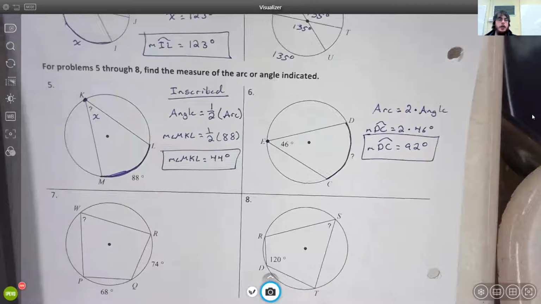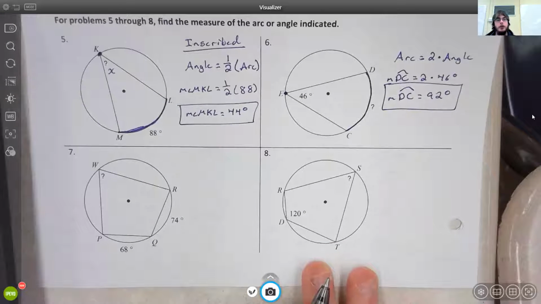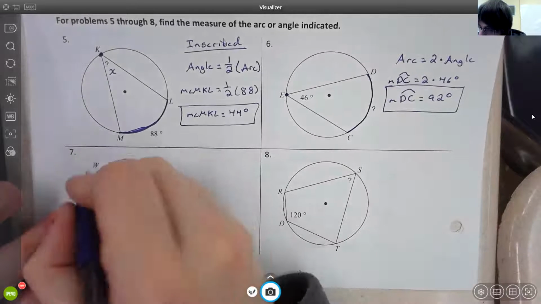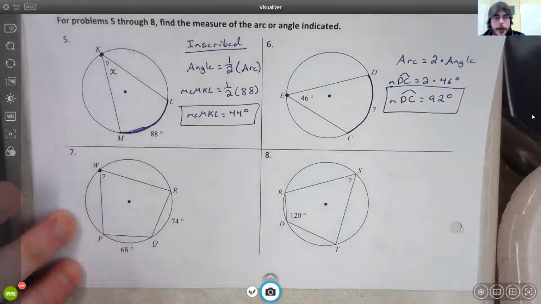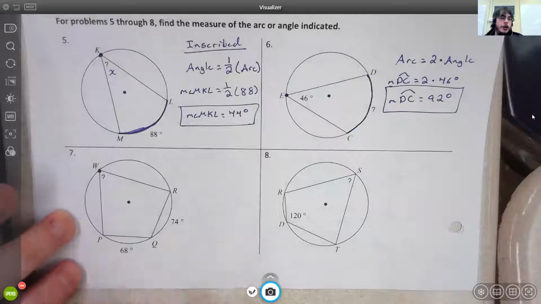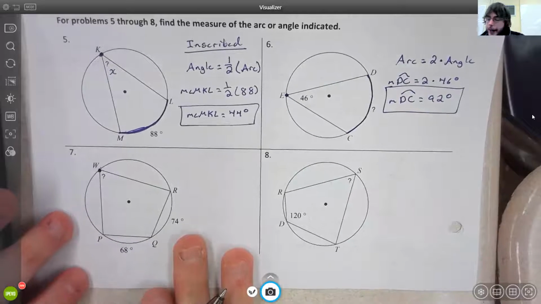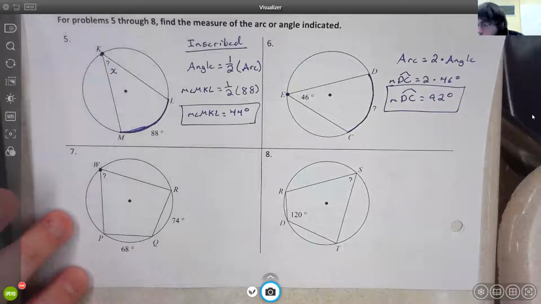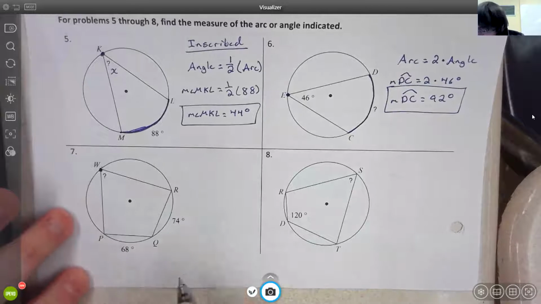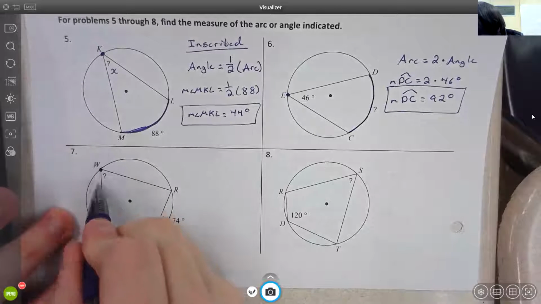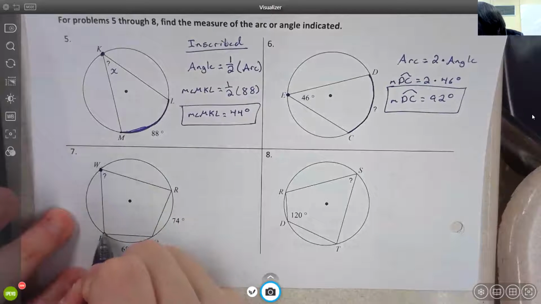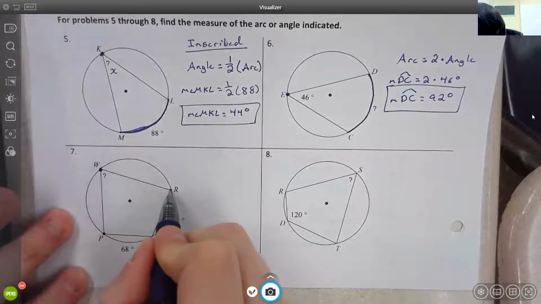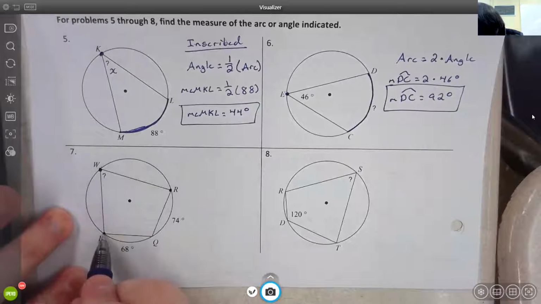All right. Number 7, we want to find the measure of angle W, and it is an inscribed angle because it lies on the circle. And we need to figure out which of our arcs is the intercepted arc. So we start where the angle goes. We start at P here, and then it goes to R. And so we do everything in between there.